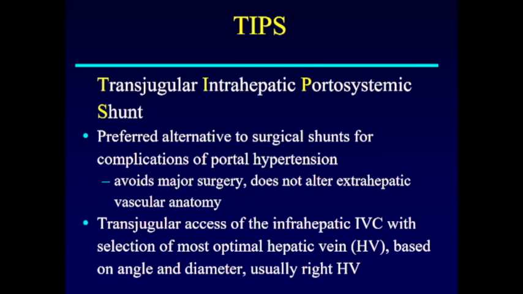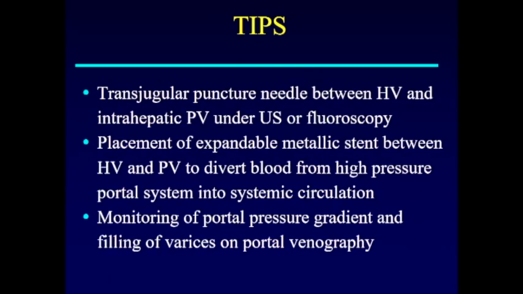With TIPS shunts, you gain transjugular access of the infrahepatic inferior vena cava, and then select the most optimal hepatic vein based on the angle and diameter to place the shunt. Usually it is the right hepatic vein. So then you perform a transjugular puncture between the hepatic vein and the intrahepatic portal vein under either ultrasound or fluoroscopy.